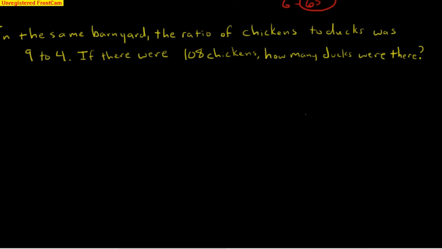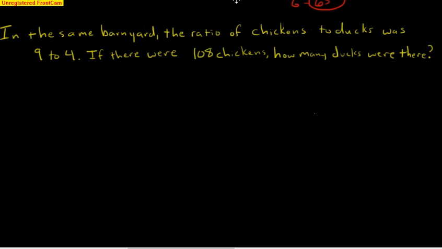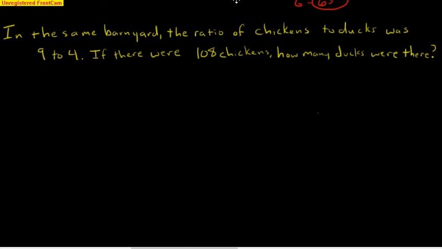Let's do one more. This is where I'm going to have to move my box over a little bit. The same barnyard, the ratio of chickens to ducks was 9 to 4. So C for chickens, D for ducks. I'll do this a little faster. There are 9 chickens for every 4 ducks, a little more than 2 to 1 ratio.